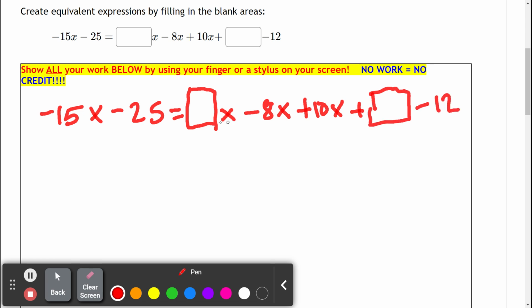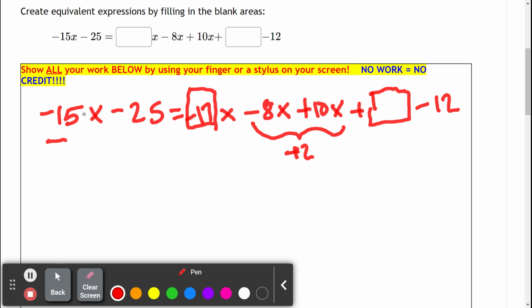Well, let's see. How many x's is this all together right here? That is +2, right? And what we need is -15. So that means I need this thing to be -17x, right? Because -17 plus the 2 will be -15.